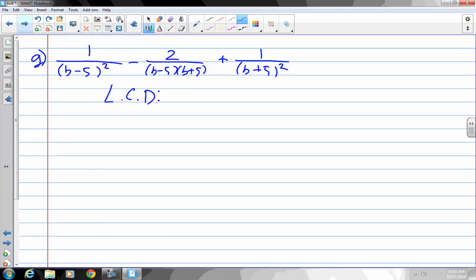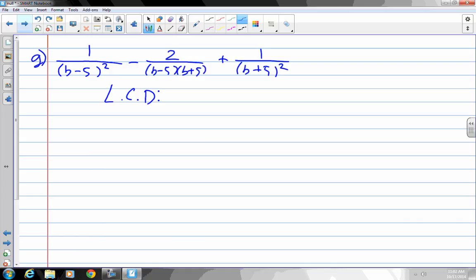So, when you look at these three fractions, when they're already factored, what is the least common denominator here? Squared, that's right. Because the last one is squared. So you always take the distinct factors to the highest power. We see b minus 5 and we see b minus 5 squared. We'll take the highest power into the denominator.